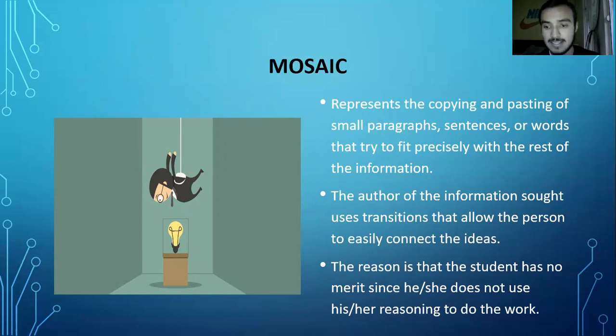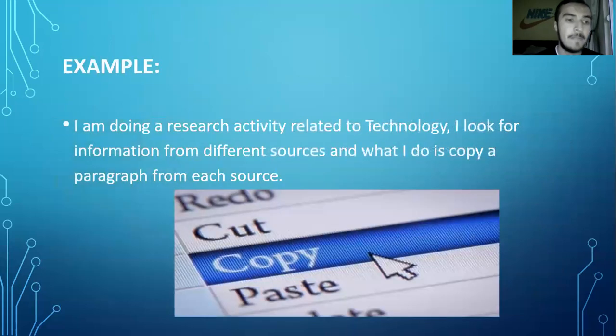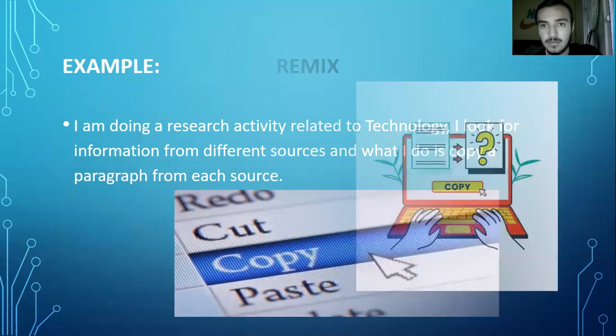The problem is that the student has no merit since he or she does not use his or her own reasoning to do the work. For example, I am doing a research activity related to technology. I look for information from different sources, and what I do is copy a paragraph from each source.